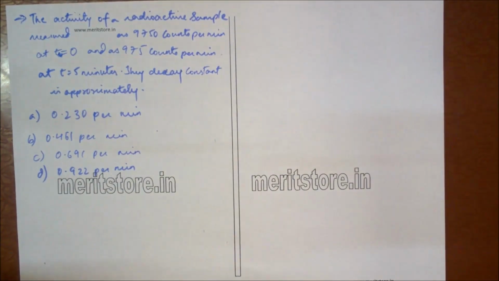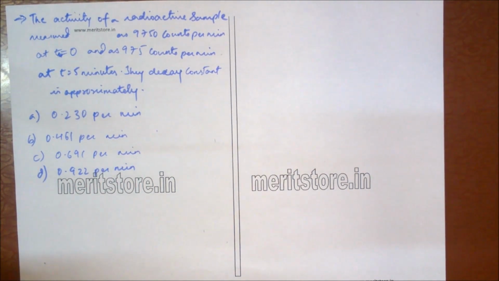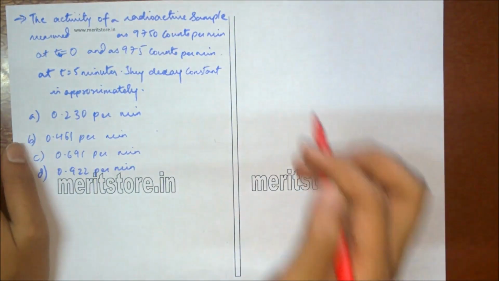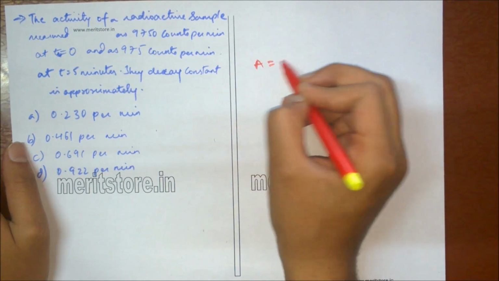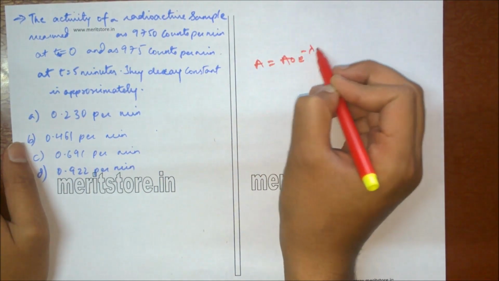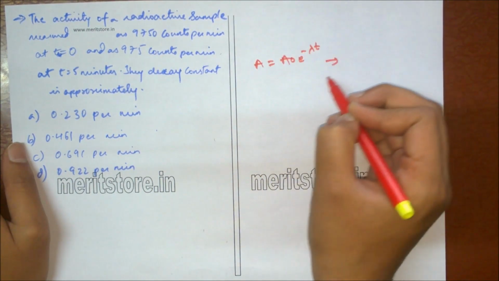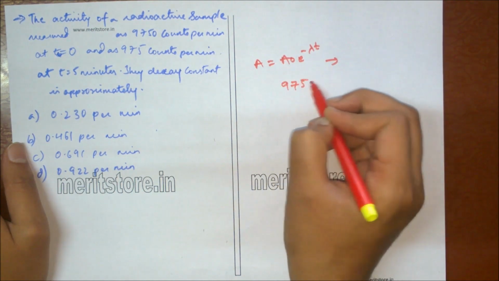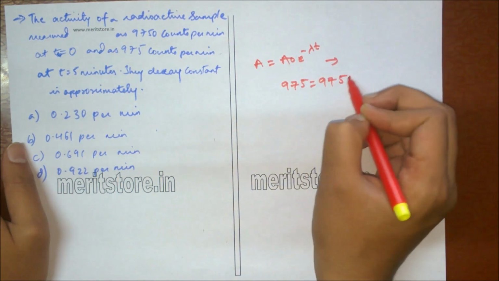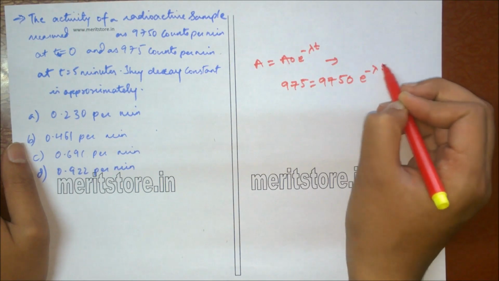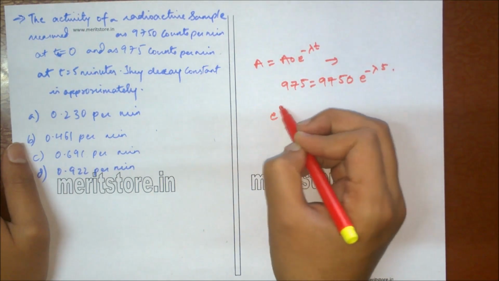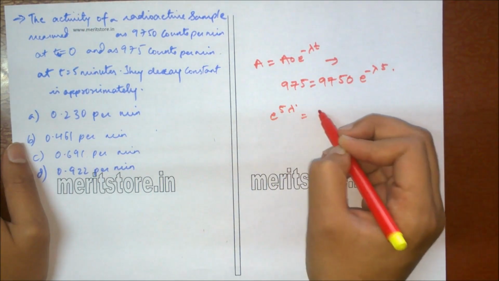The activity of a radioactive sample is measured as 9750 counts per minute at t equal to 0, and as 975 counts per minute at t equal to 5 minutes. The decay constant is approximately. So we know that A is equal to A0 e raised to minus lambda t, which is 975 is equal to 9750 e raised to minus lambda 5. So e raised to 5 lambda is equal to 10.